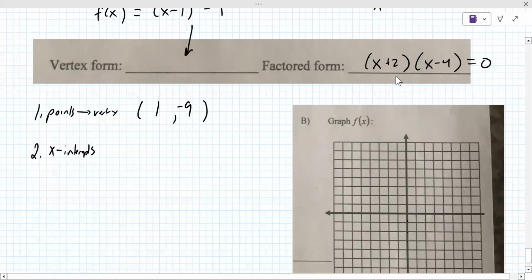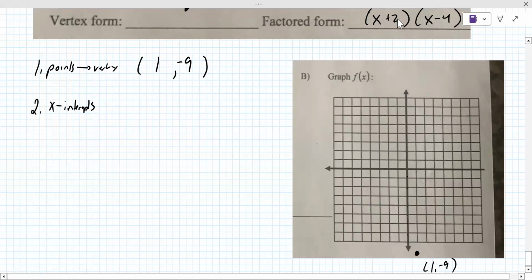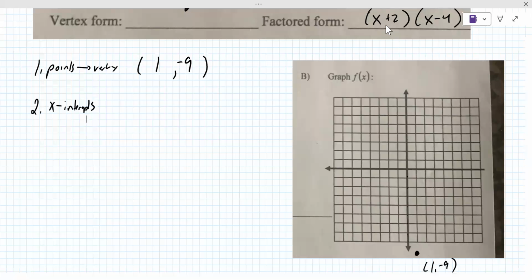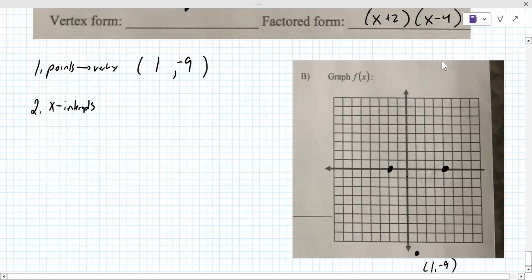Can you tell me what those would be from this equation here? +2 and -4. You're setting the equal to 0. So -2 and +4. Yes, so there's another couple of points. Okay, so it says 5. We got 2.